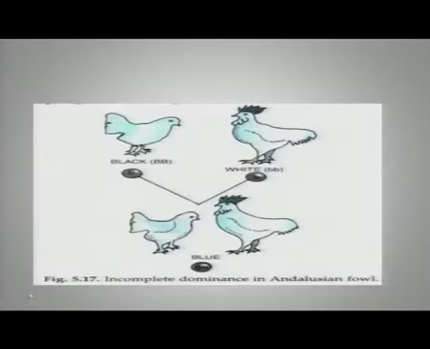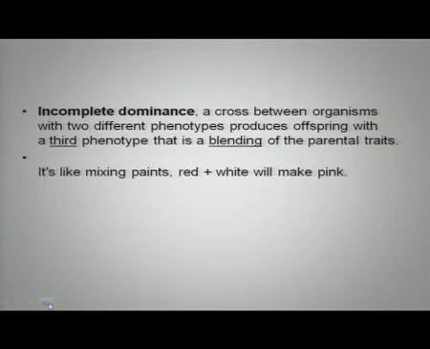Thus, incomplete dominance is a cross between two organisms with two different phenotypes that produces an offspring with a third phenotype, that is a blending of the parental characters, parental traits.